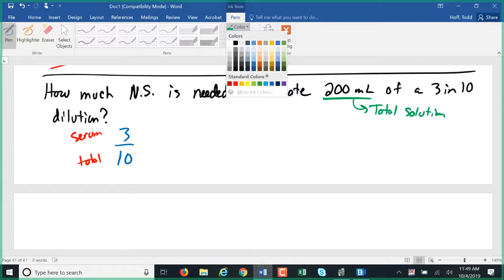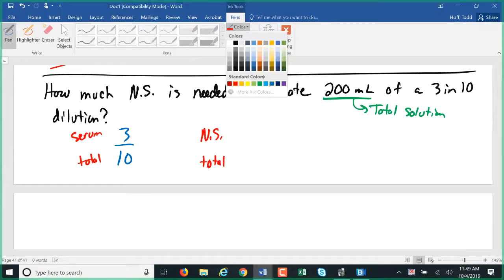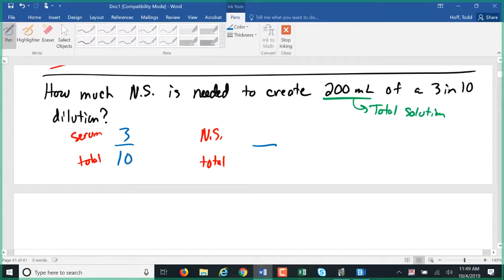But it's much easier to just adjust our ratio. Get the ratio of the saline to total solution. What's that ratio going to be? 7 to 10, perfect. 3 out of the 10 parts are serum. The other 7 out of the 10 parts are saline.